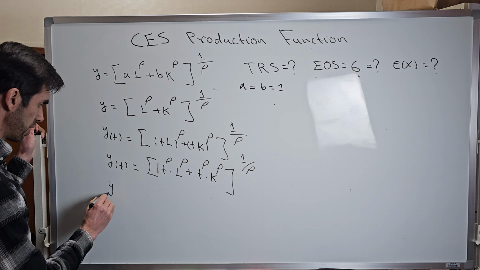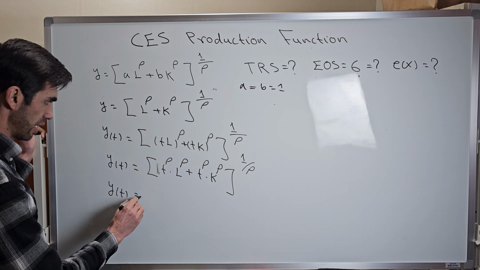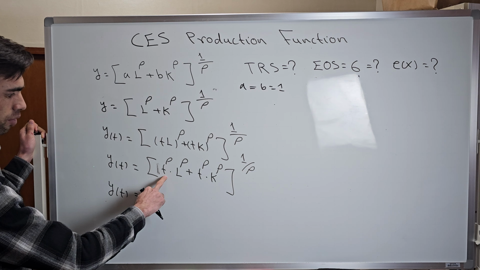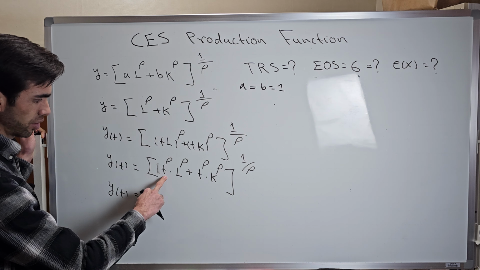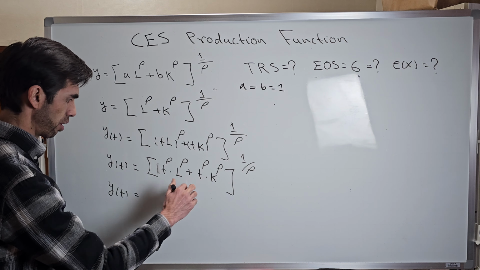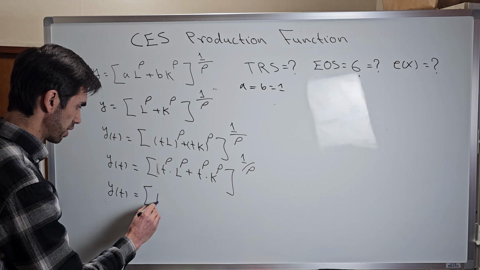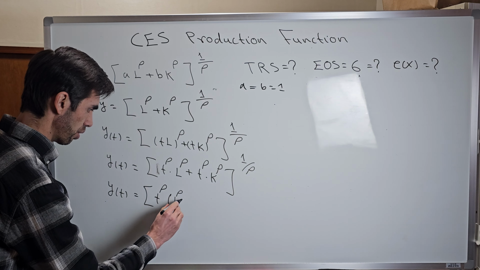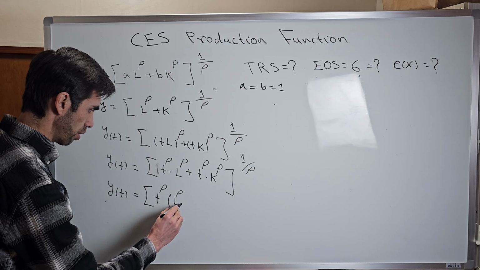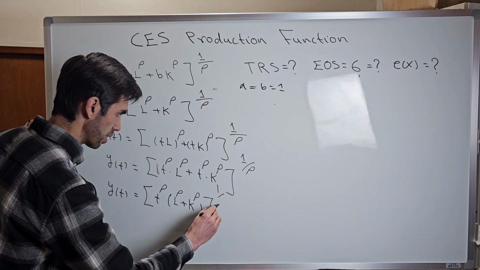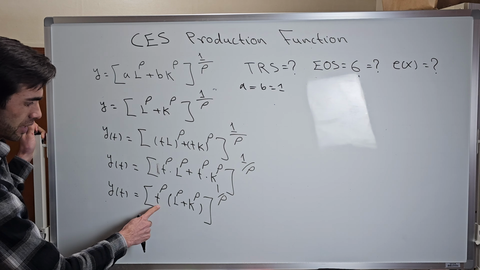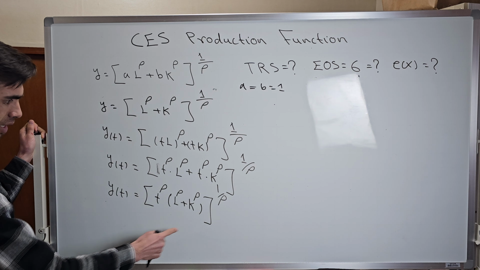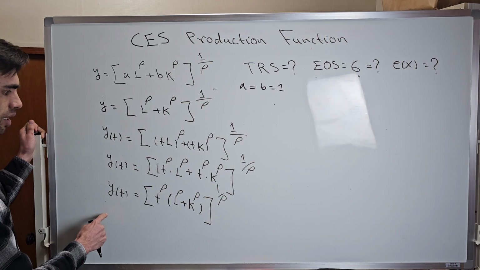So we have a common value here, T to the power of rho, and we can take it out of the parentheses.